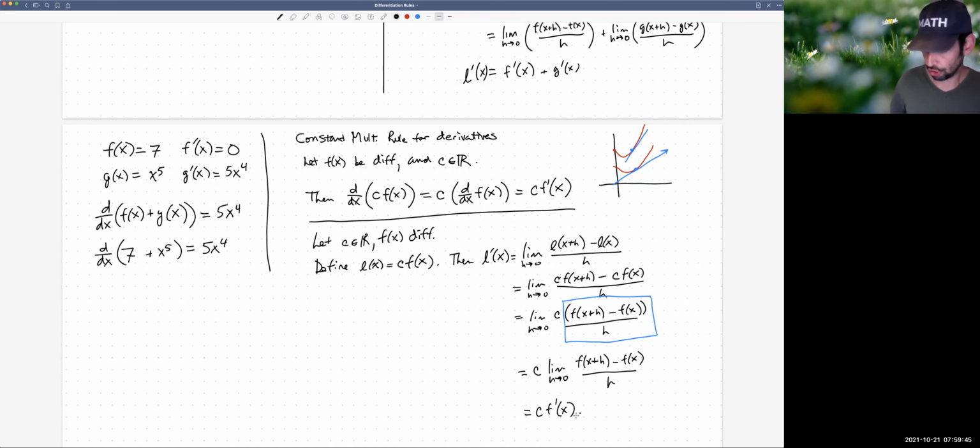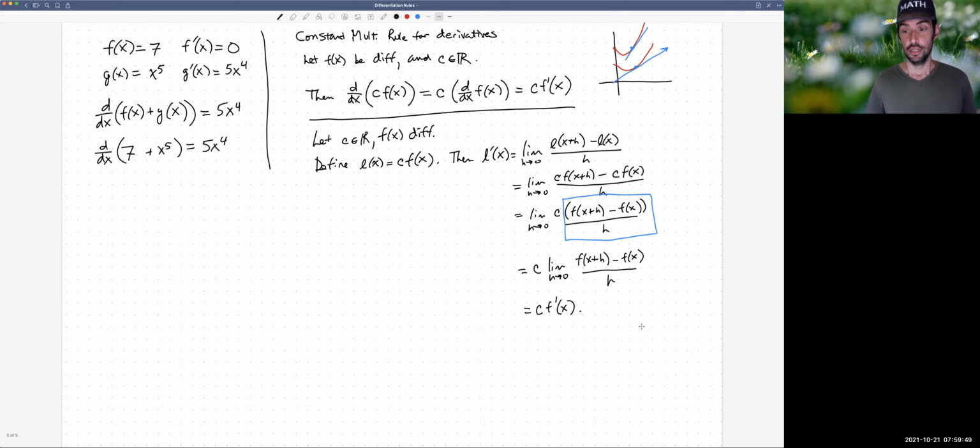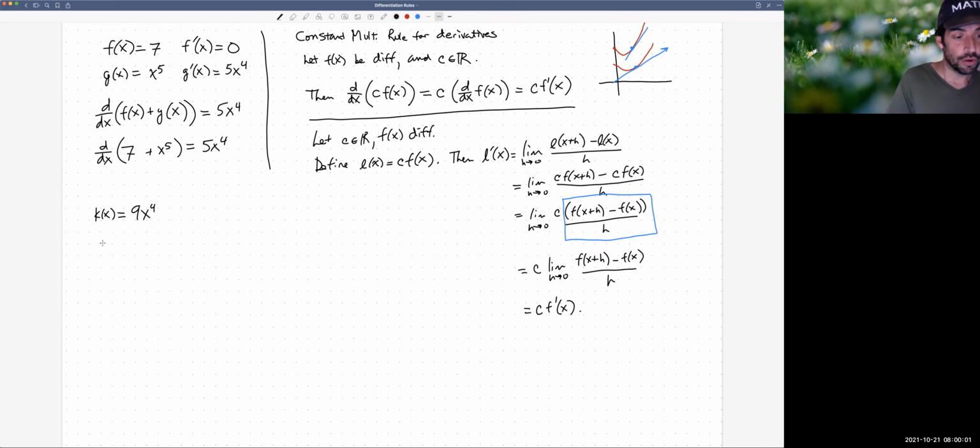Okay. So let's do an example with this rule. Just do it over here. Let k of x equal 9x to the 4th. Well, then if I take the derivative of k of x, and I take the derivative of 9x to the 4th, let's apply each of those rules.